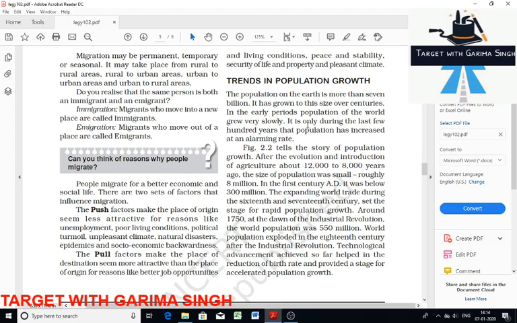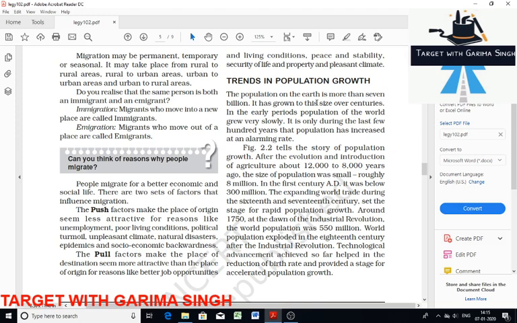Then we will discuss trends in population growth. Trends show that initially the growth of population was very slow, but after improvement in science and technology, there has been tremendous growth in population, which is called population explosion.